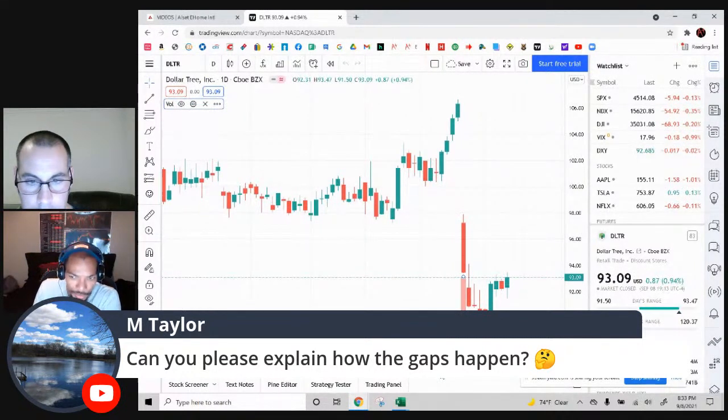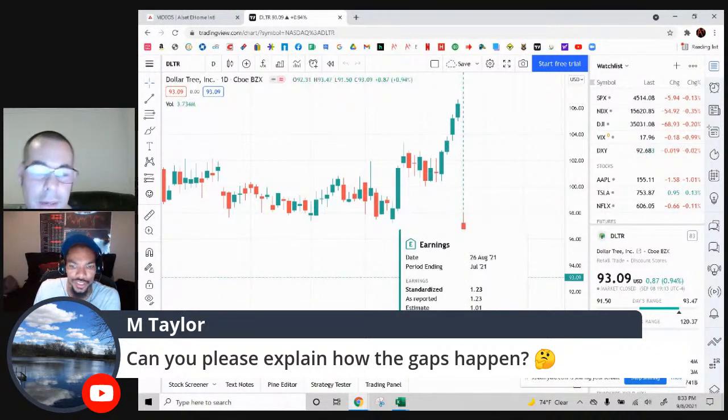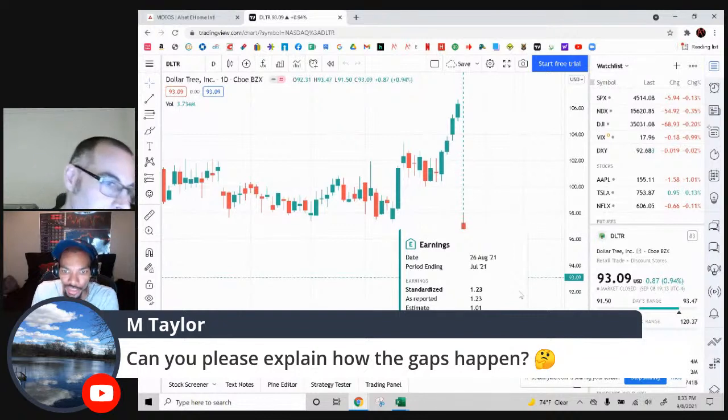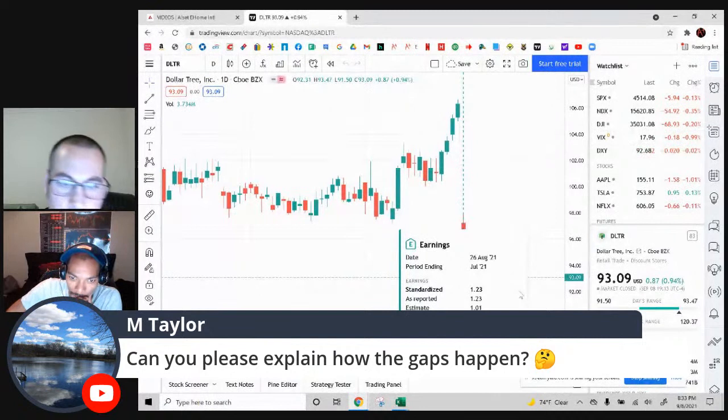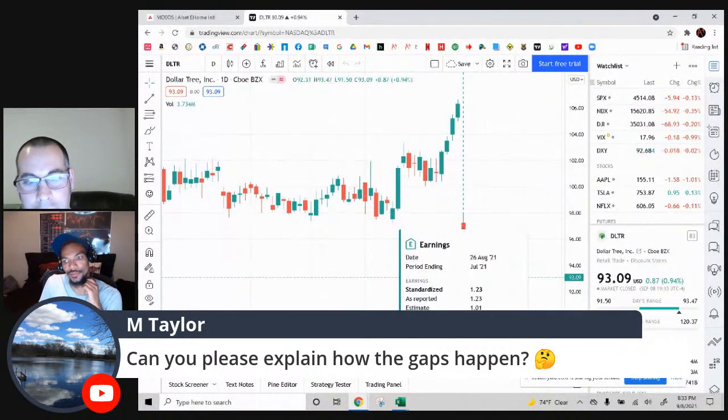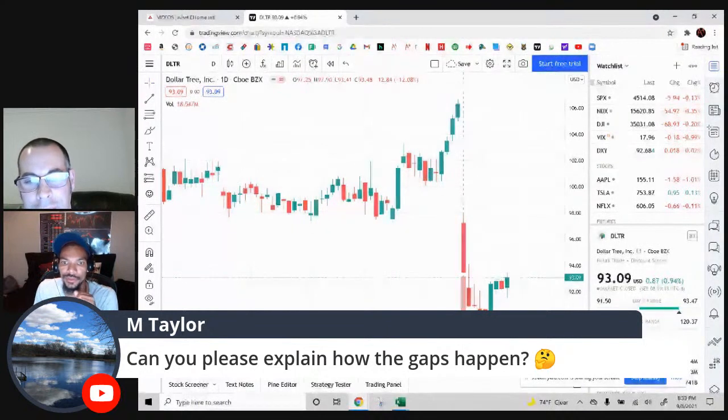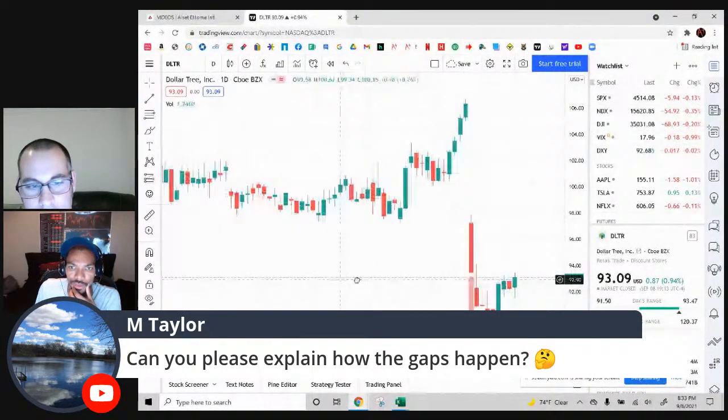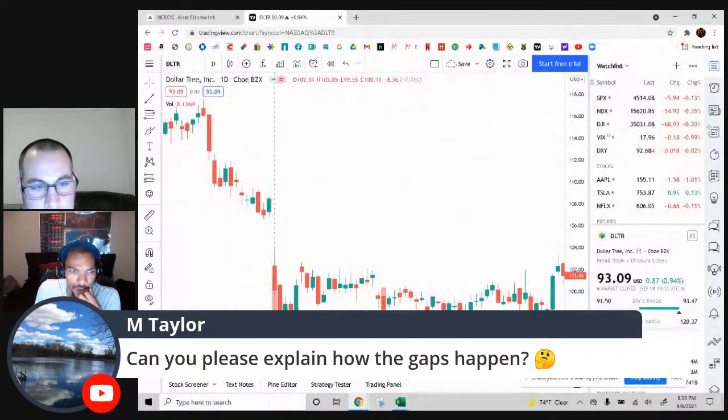Looks like a little chip. Yeah, E means earnings. Oh, okay. So it opened much lower the next day. Did they miss earnings? Okay, so that clears it up, mystery solved. E for earnings.